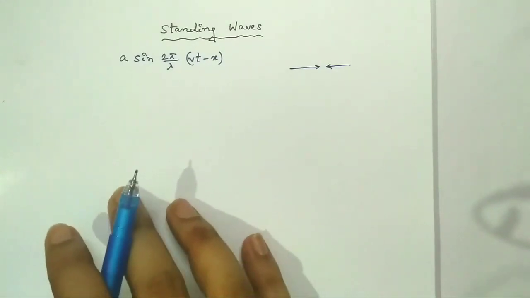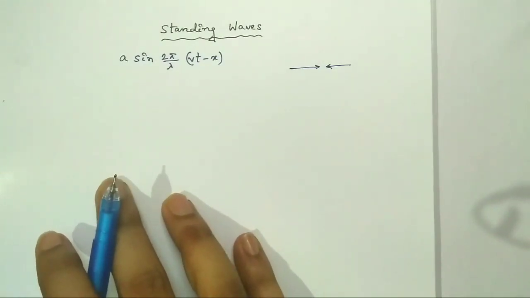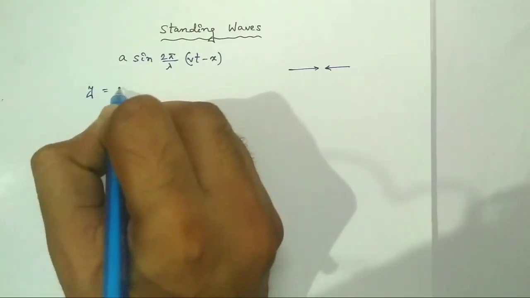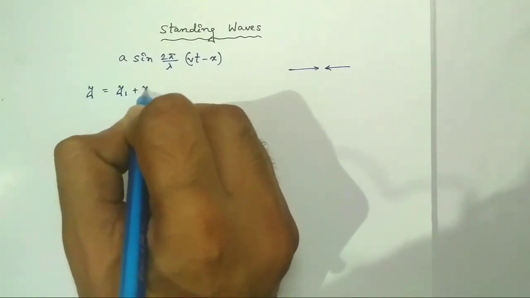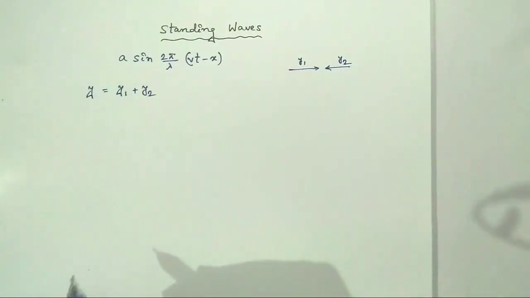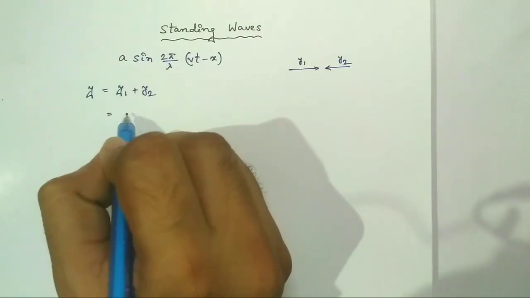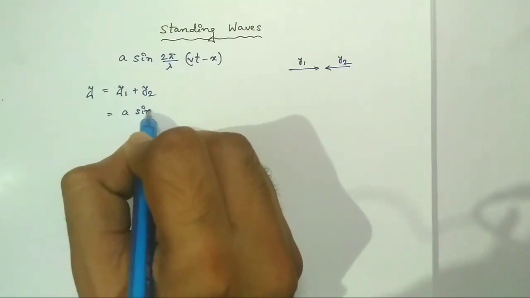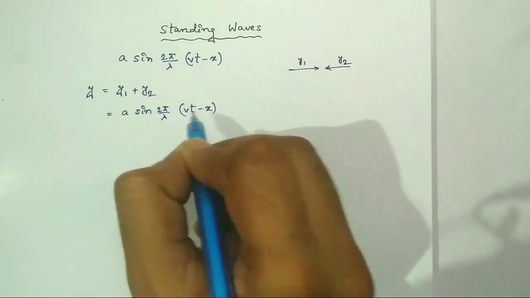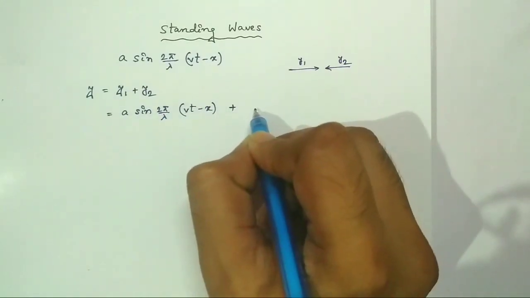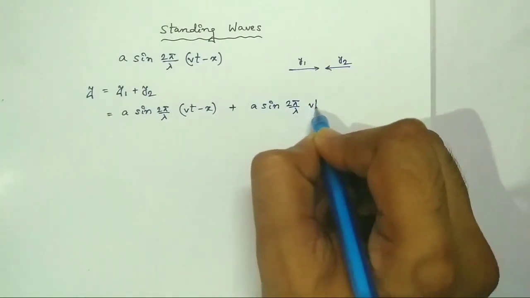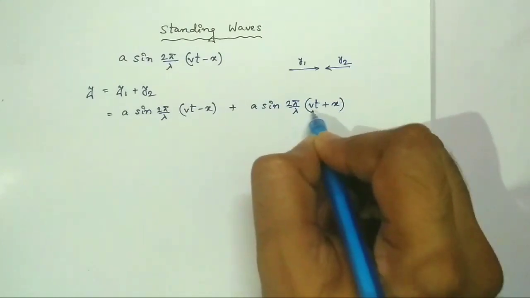Now we have to derive the equation of the standing waves. Let the equation be given by y equal to y1 plus y2, where y1 and y2 are two sets of progressive waves. y1 is a sine 2 pi by lambda into (Vt minus x), and y2 is given by a sine 2 pi by lambda into (Vt plus x).